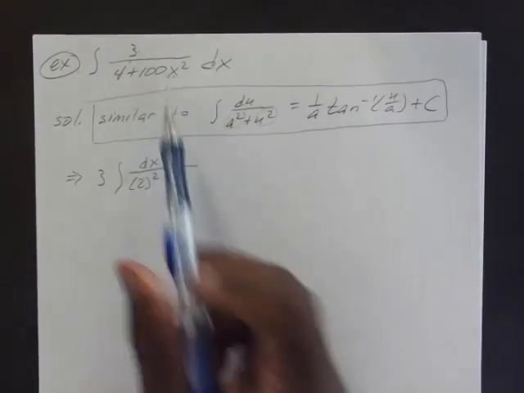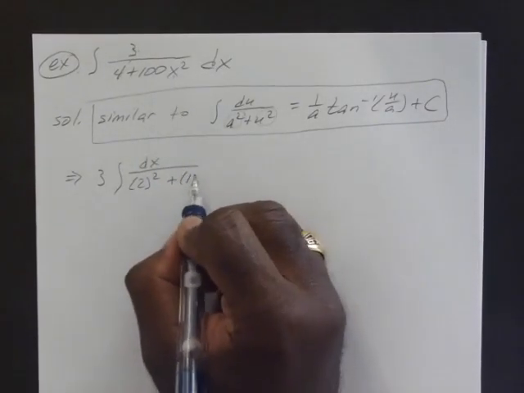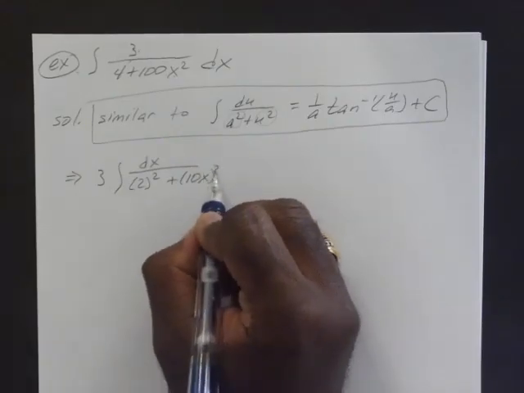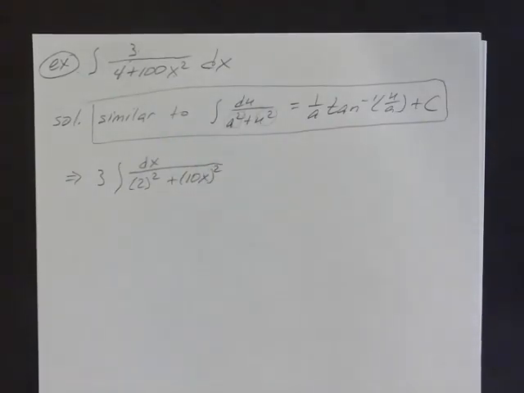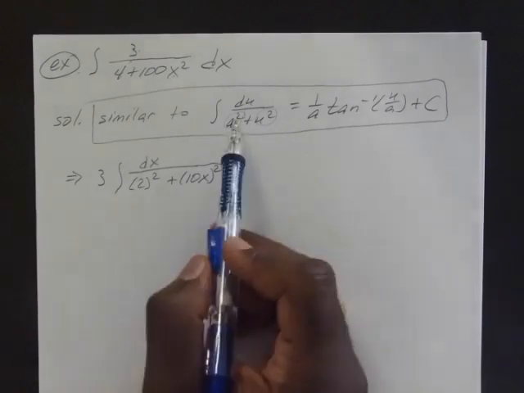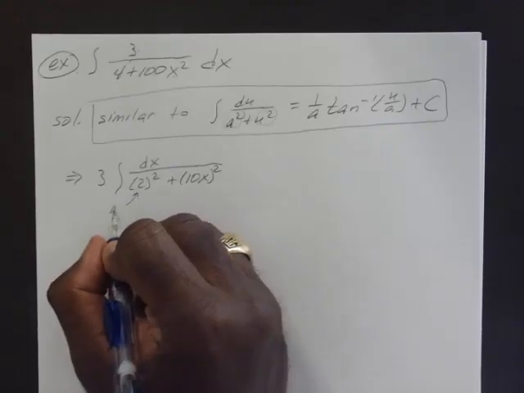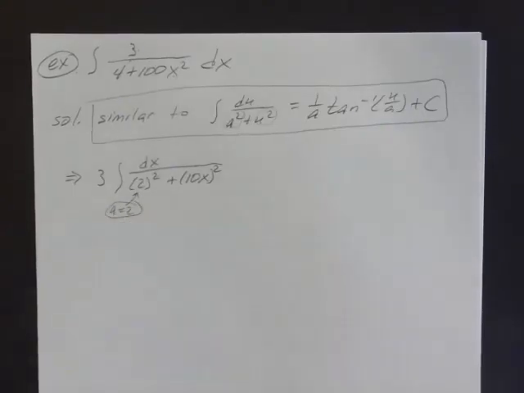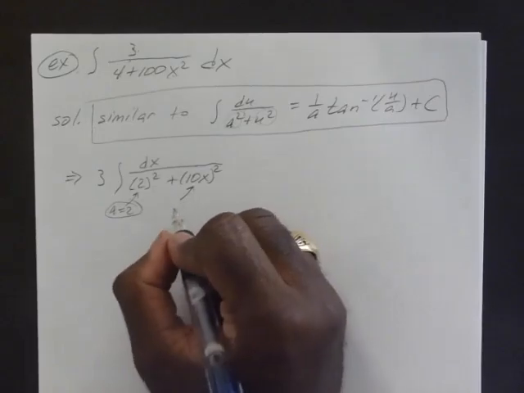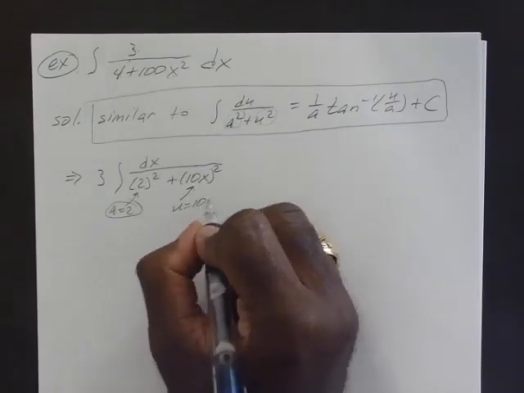Plus 100x squared, we can just make that 10x, and that whole thing squared. Okay. So just matching it up to the formula, that would make our a equal 2, and that would make our u equal 10x.